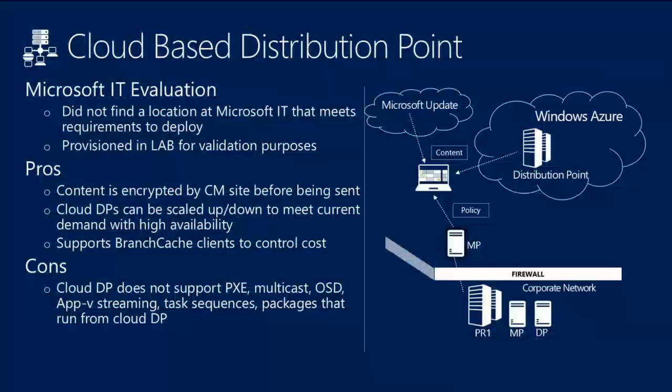We're still waiting for the network team to see if they come up with some re-architecture within the next few years that we could apply this to. Another thing is it does not support PXE and OSD today, and app streaming. At Microsoft, Config Manager is the main mechanism for performing OSD in our environment, and that's why we decided not to implement Cloud DP on a wide scale.